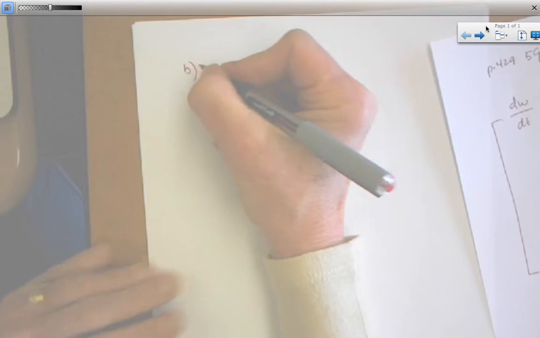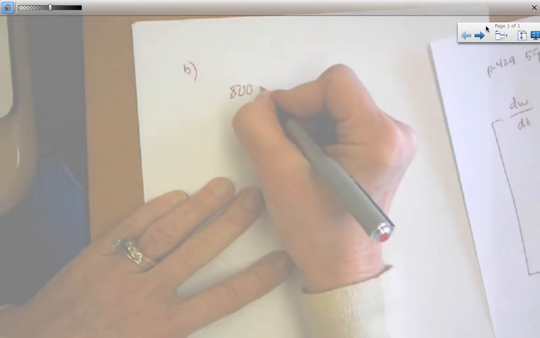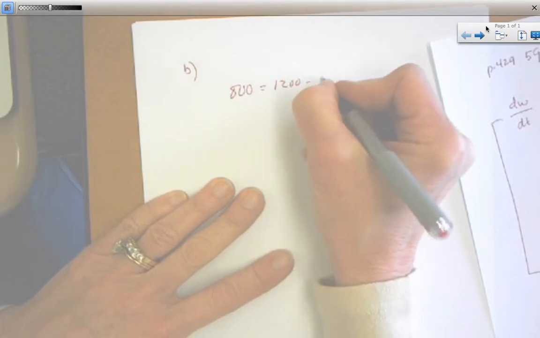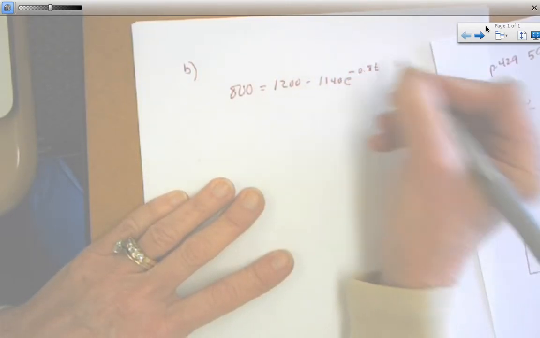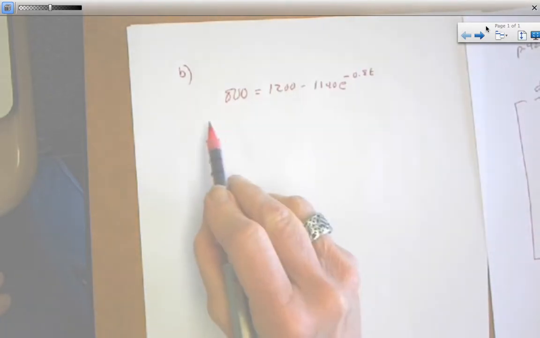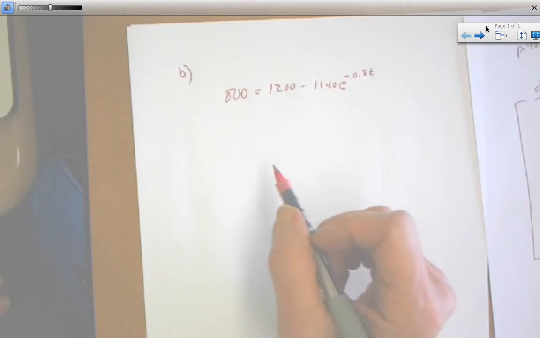All right, part B says that the animal is sold when its weight reaches 800 pounds. Find the time of sale for each of the models in part A. So you would say 800 equals 1200 minus 1140 e to the negative 0.8t. You subtract 1200, divide by negative 1140, and take the natural log of both sides and find t.